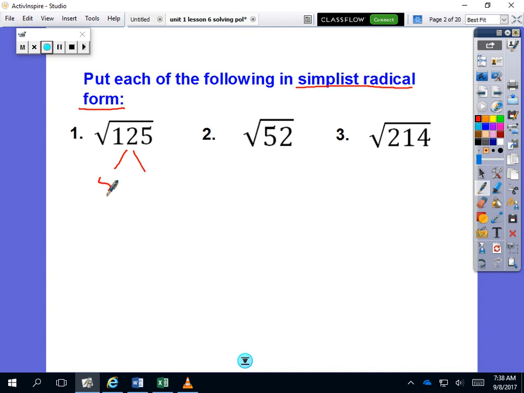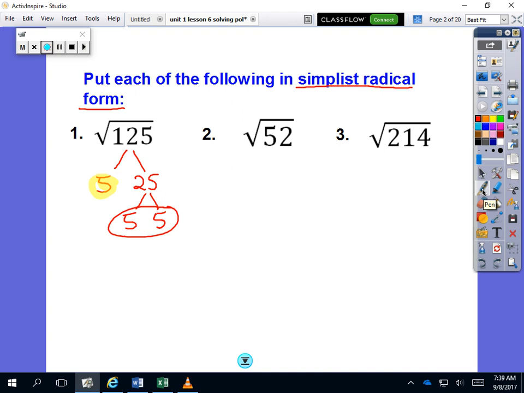So we're going to do 5 times 25. And 5 is a prime number, so I know that's going to be part of my answer. And then 25, I can multiply 5 times 5 to get 25. Now you're looking for pairs of values here. And I have a pair of 5s, and I have one leftover 5.